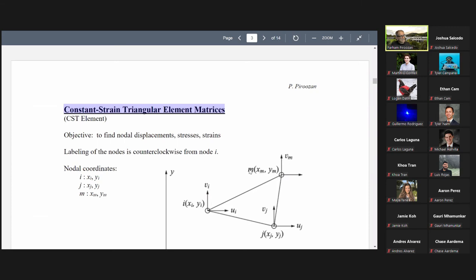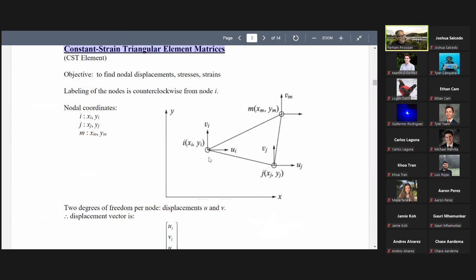And node M, coordinates x_m, y_m. Each node has a displacement in the x direction, u_i for example for this one, and a displacement in the y direction, v_i. The same for this one. This is node J. It has displacements u_j, v_j. Node M has u_m, it's not showing, and v_m.